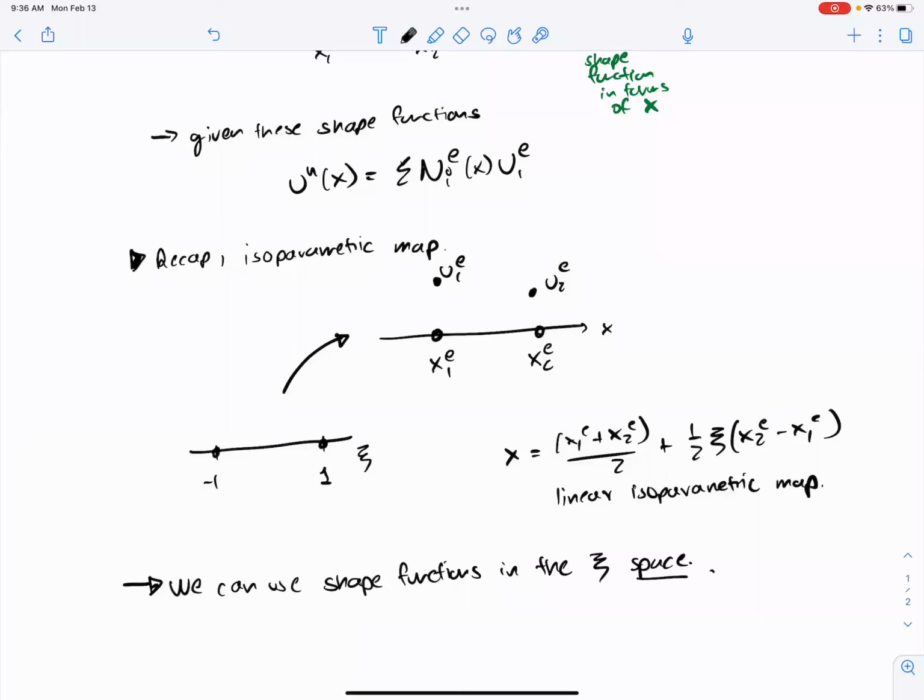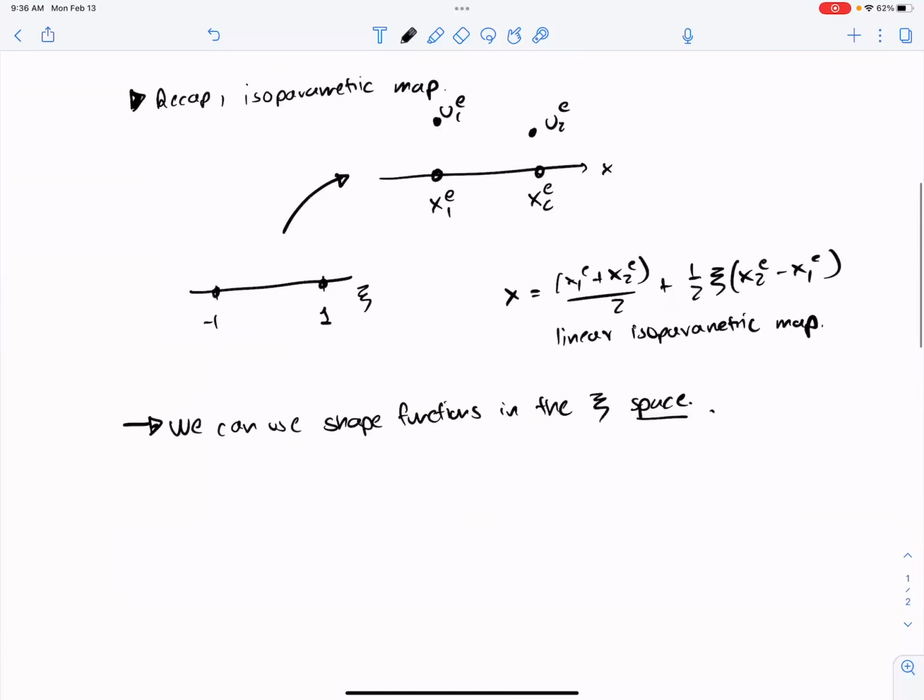We don't need shape functions in terms of x. We can define the shape functions for the xi and do everything with functions in terms of xi. We never need to define functions with x, because we have a map already that maps from xi to x. Then we can also have the shape functions in terms of xi and interpolate the u's with xi. So that's what I want to say today.